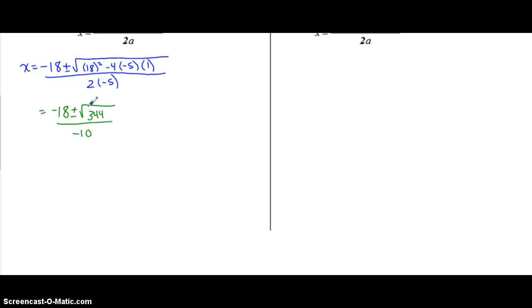Next step is to take the square root of 344 and we're going to round it to 1 decimal place. So that is plus or minus 18.5 over negative 10.